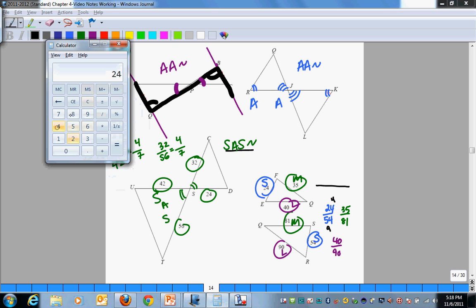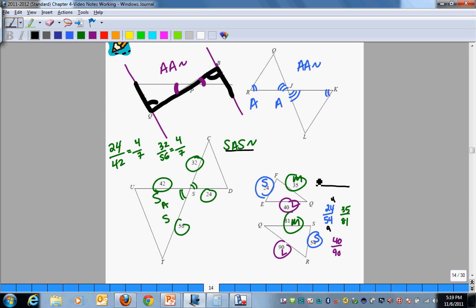We're going to go 24 divided by 54, and we get 0.44 repeating. 35 divided by 81, 0.43 repeating. And then 40 divided by 90, 0.44 repeating. So these are similar by side, side, side similarity.